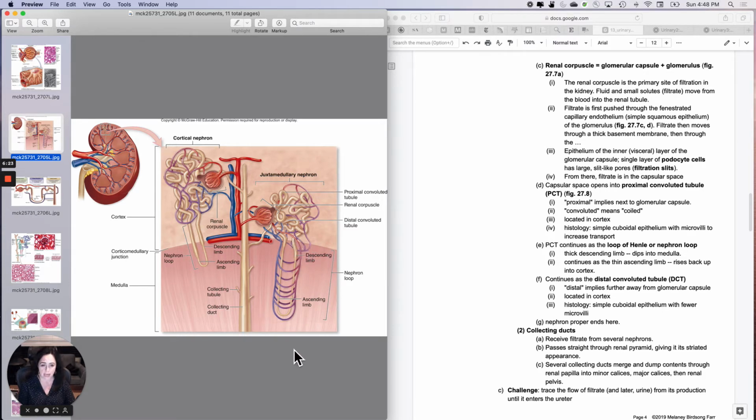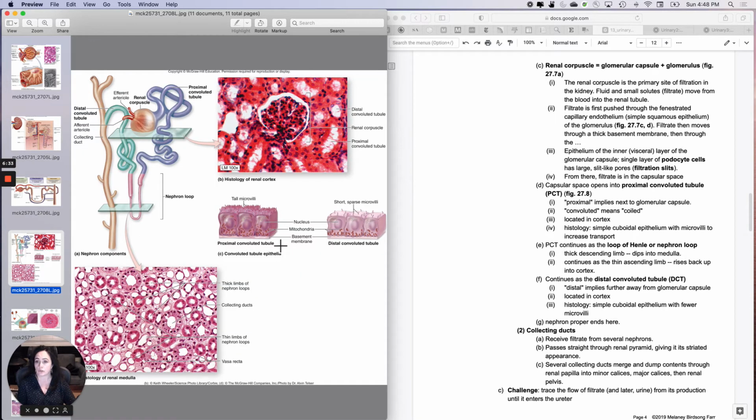So it goes down and then back up, descending limb first and then the ascending limb rises back up into the cortex, and then it's going to lead to the distal convoluted tubule. And the distal convoluted tubule is again curvy and again small, but further away from the capsule.